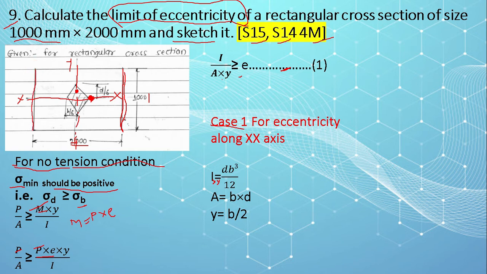So the distance of this extreme fiber from the axis is y. In this case it is 2000 divided by 2. This is our B and this is our D, D depth and B breadth.